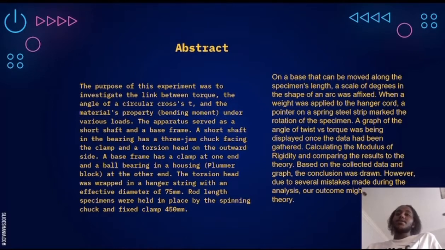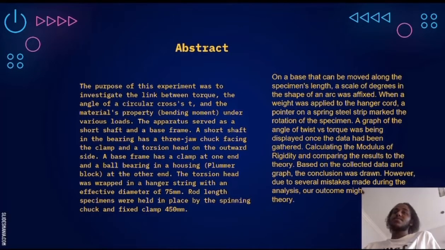The base frame has a clamp at one end and a ball bearing in a plummer block housing at the other end. The torsion head was wrapped in a hanger string with an effective diameter of 75 mm. The rod specimen was held in place by the spinning chuck and the fixed clamp at 450 mm, on a base that can be moved along the specimen line.